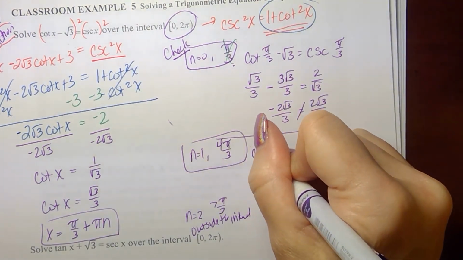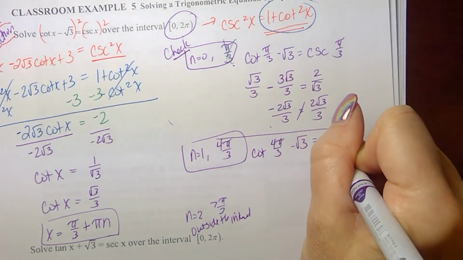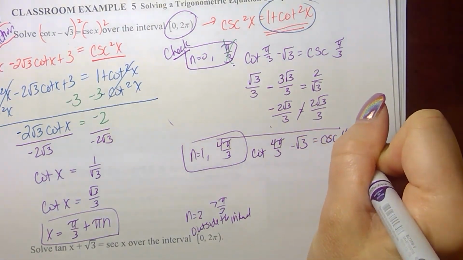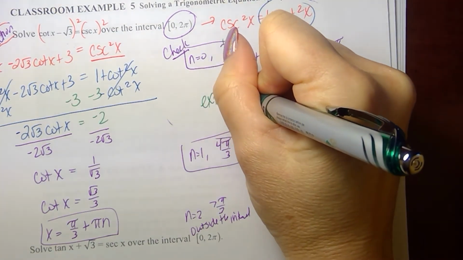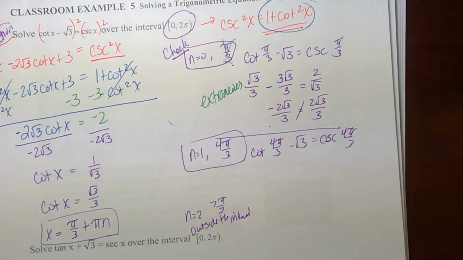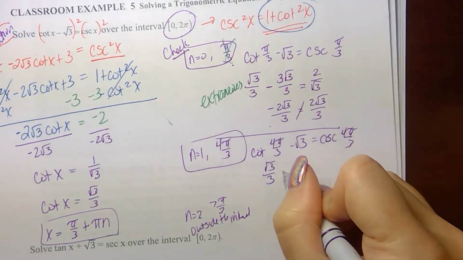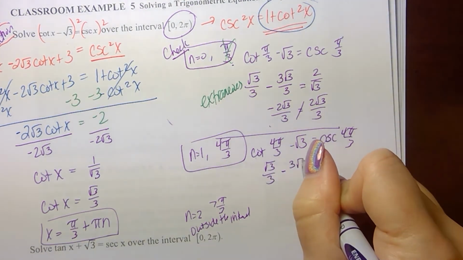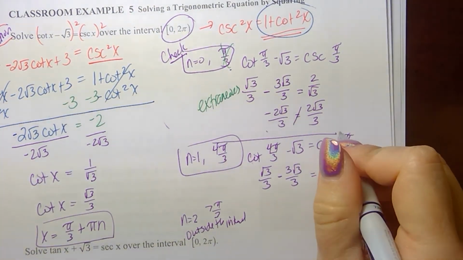Okay, cotangent of 4 pi thirds minus square root 3 equals cosecant of 4 pi thirds. We already said the first one is extraneous. We want to know if this one's valid or not. Cotangent of 4 pi thirds is square root 3 over 3, and then this is going to be minus 3 square root 3 over 3, and that needs to equal the cosecant at 4 pi thirds.